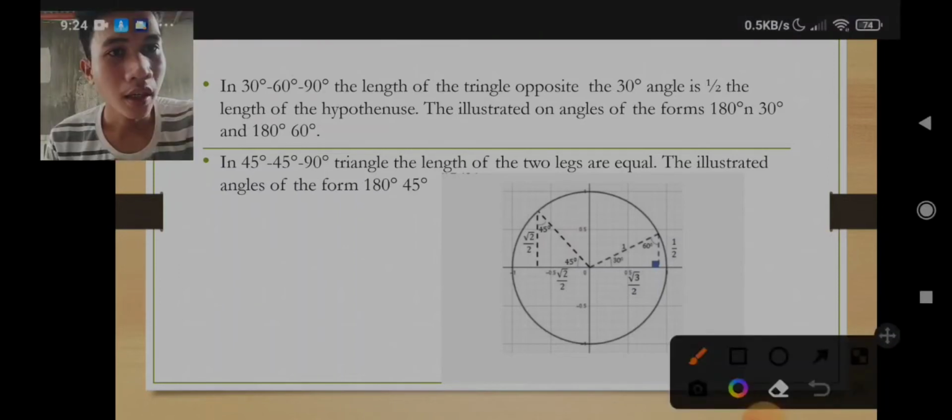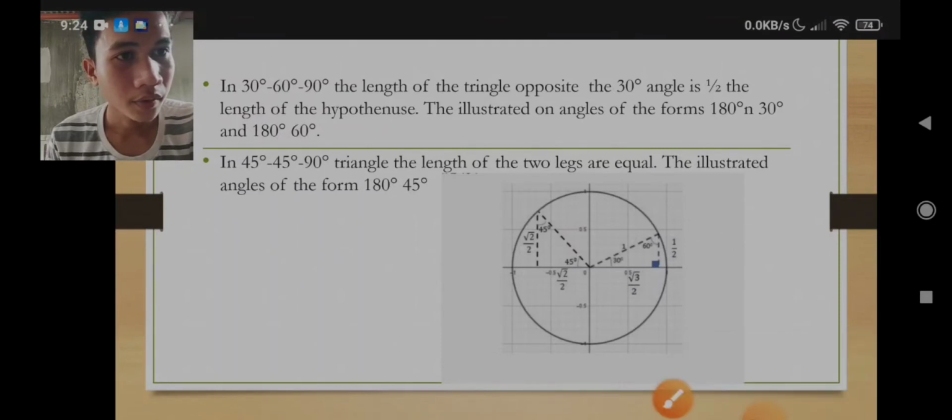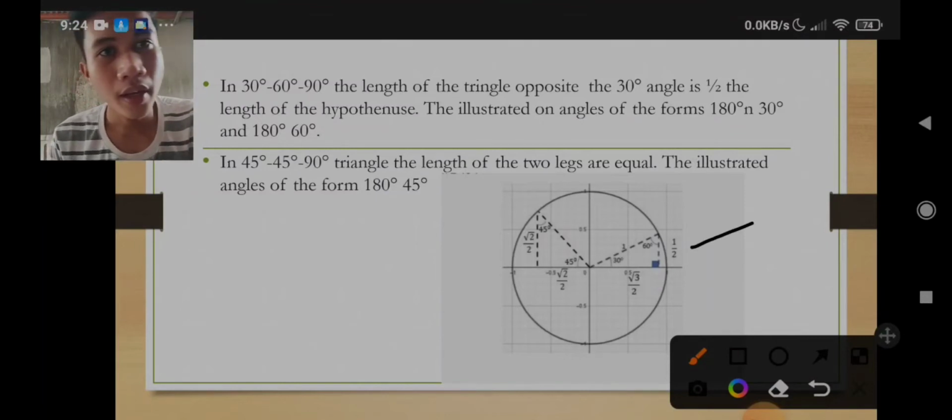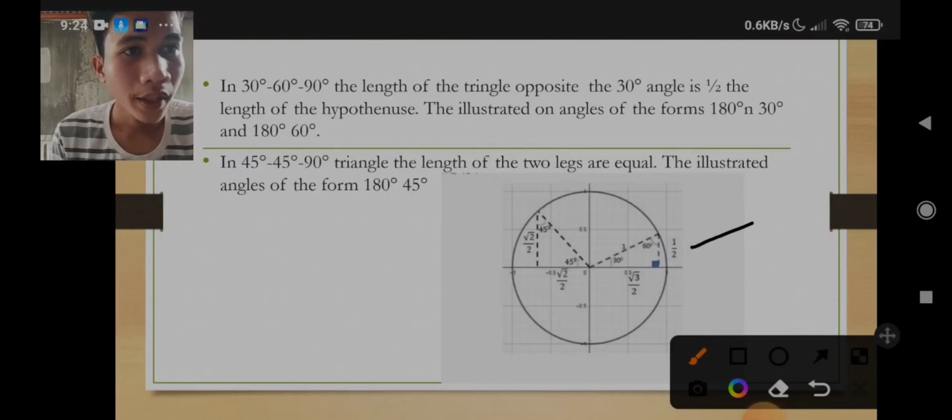This is an example of 30-60-90 triangles. The side opposite 30 is 1 half and the side opposite 60 is the square root of 3 over 2. And the radius is 1, which is the hypotenuse.